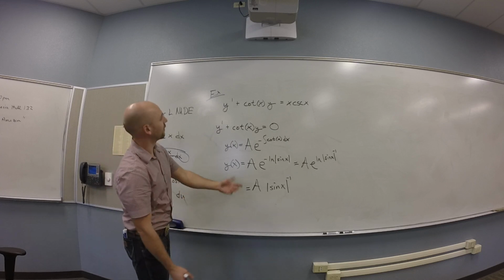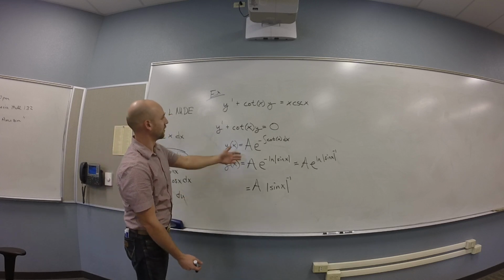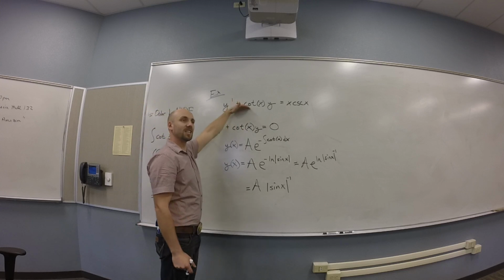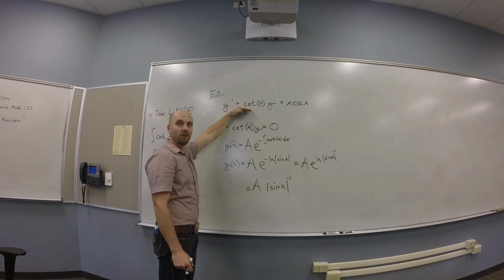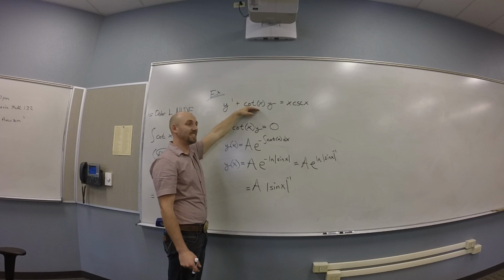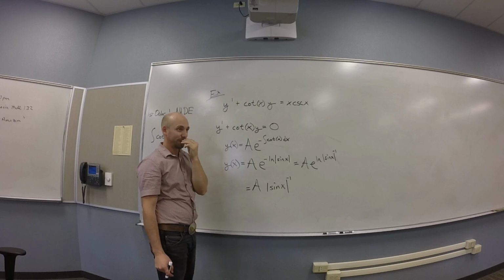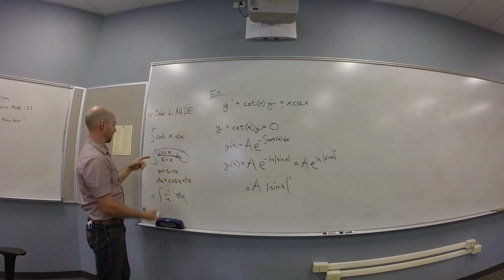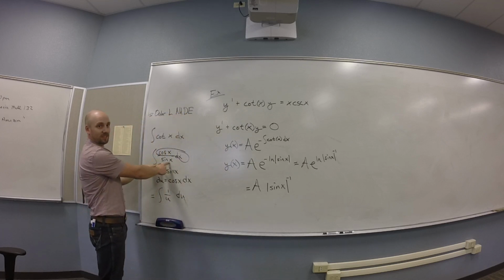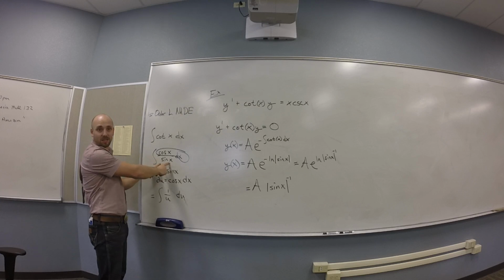Well, I don't know, there's some weirdness, right? Really I should go back to this and be worried about when P is discontinuous, right? So when is cotangent not a continuous function? Cotangent is discontinuous anytime sine is 0, right?